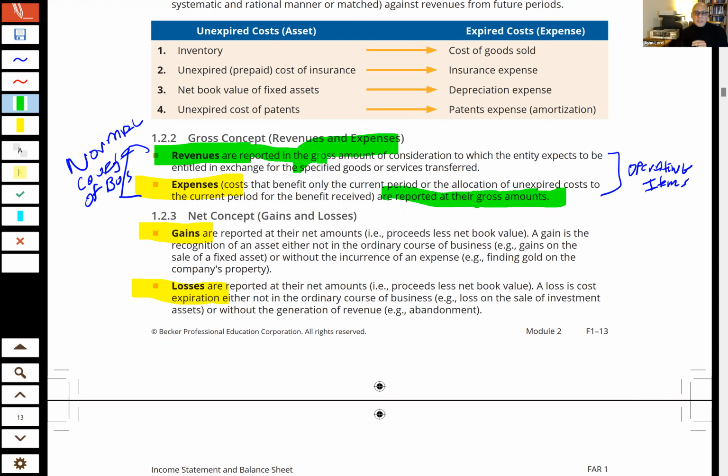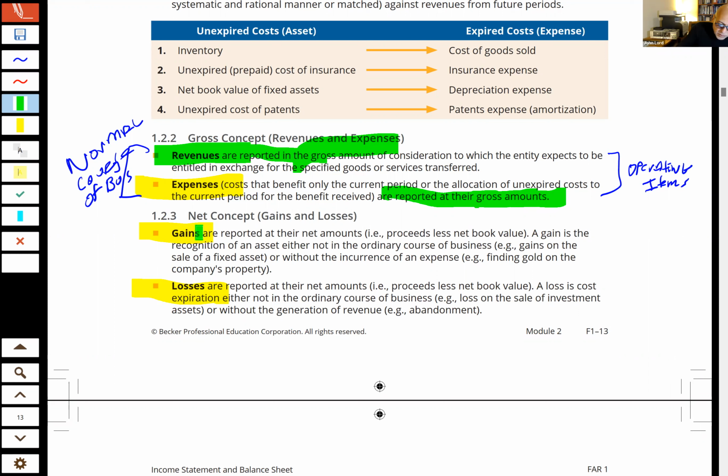But let's say the projector dealer says, well, I'm going to charge you a commission fee off of that as well. Well, what they would do is they would calculate the amount they receive from the projector dealer, minus the book value, but they would adjust that down for whatever commissions they have to pay. So they would be reporting that at its what? At its net amount.